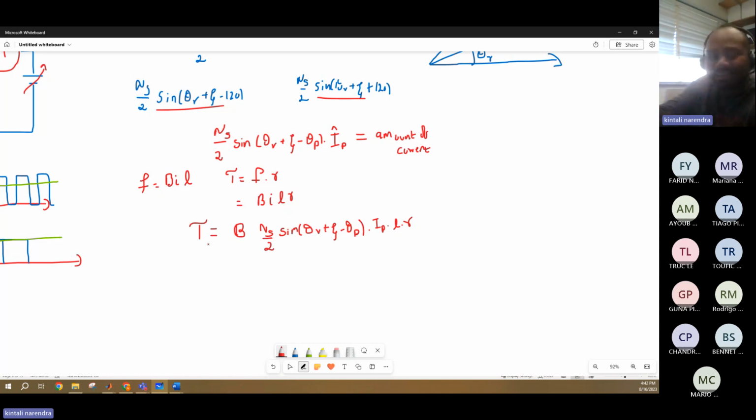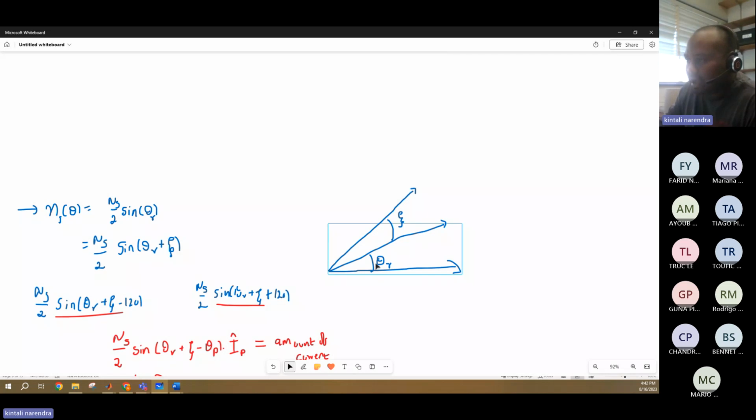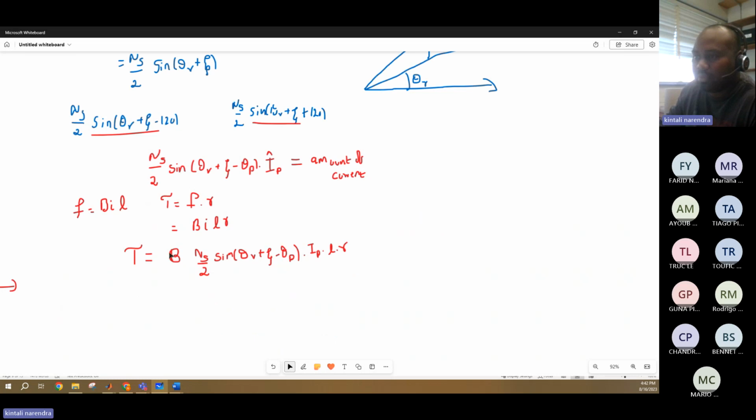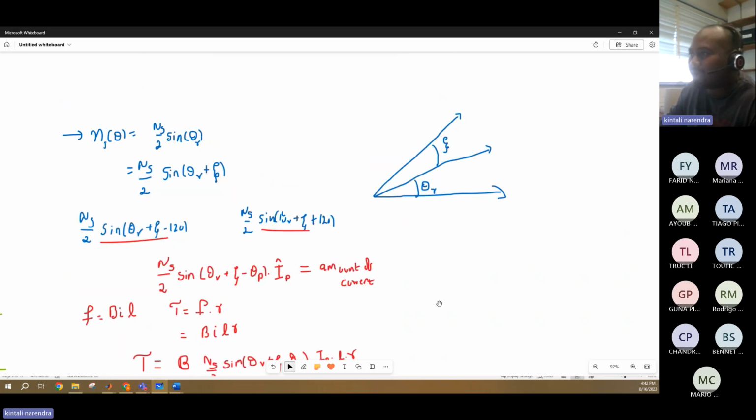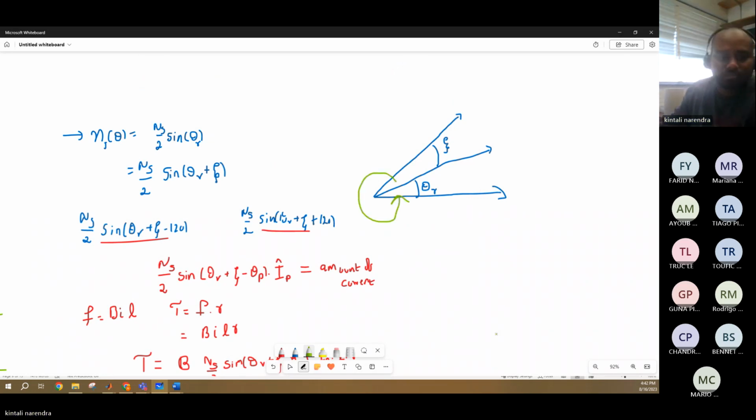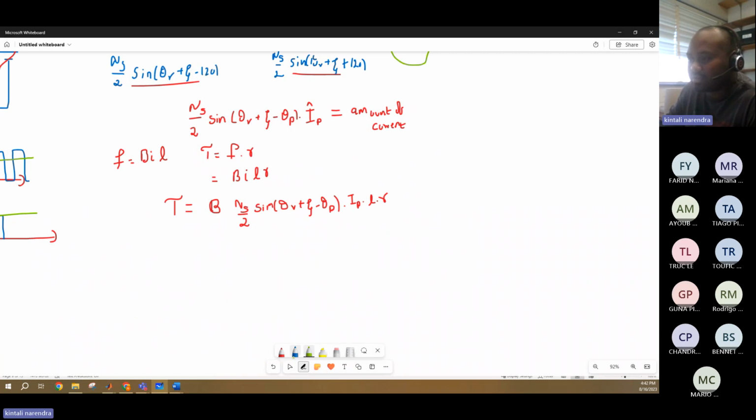But we need to integrate it. Here, theta r is the position. If it is moving by an angle of zeta, then this will be my torque developed. But actually the rotor is rotating 360 degrees. It's not staying there. So the total amount of torque is nothing but the integration of this term.